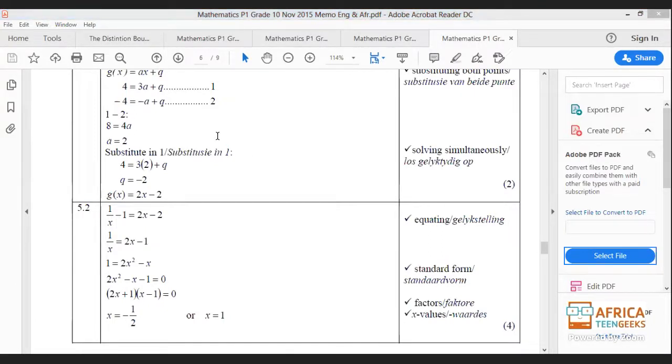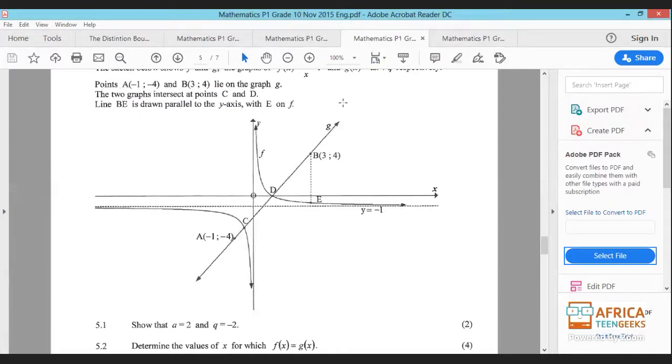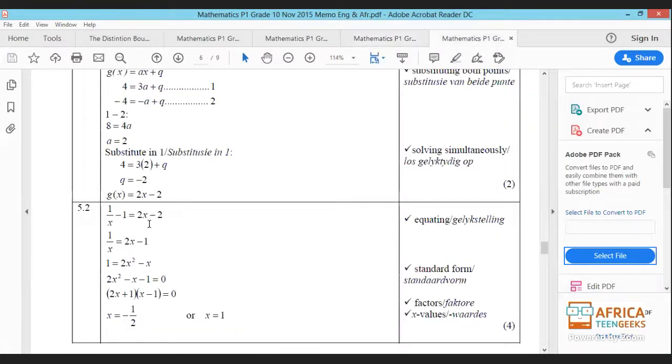So guys, what was the question saying? The question was saying to us f of x is equal to g of x, meaning take the equation of f of x and equate it with the equation of g of x to form one equation. Therefore, this is f of x, this is g of x. Then you simplify.